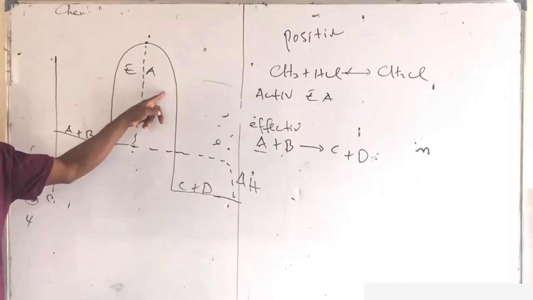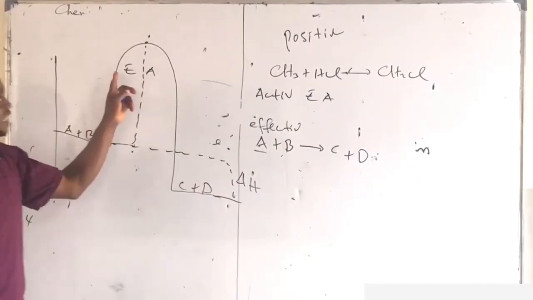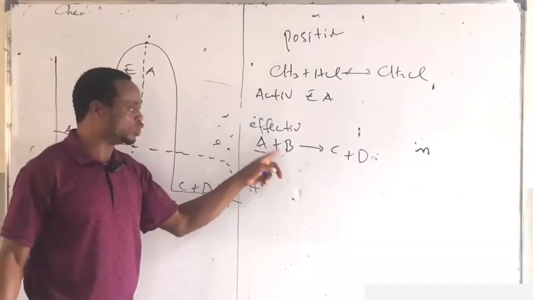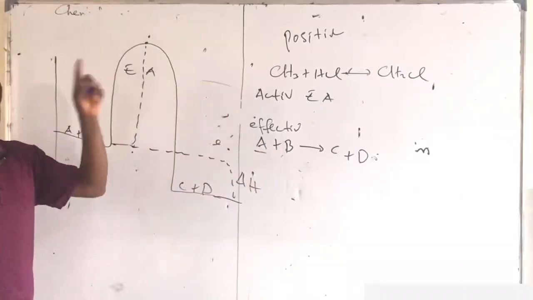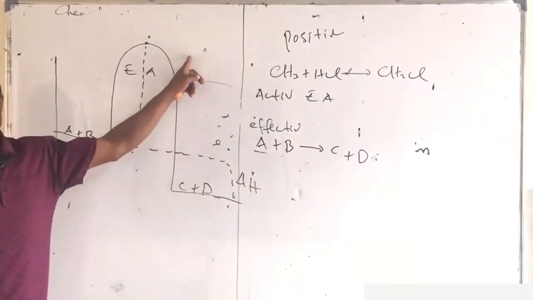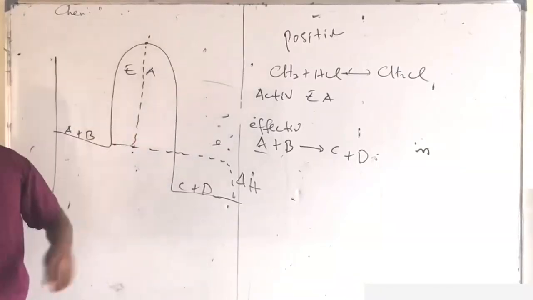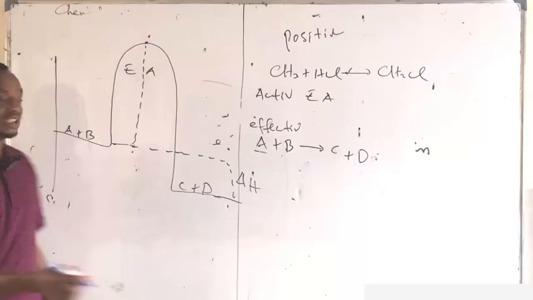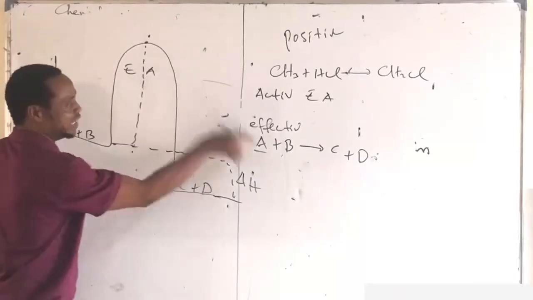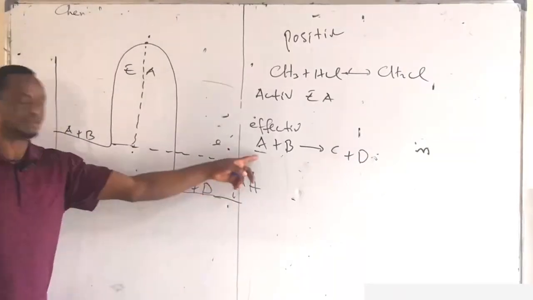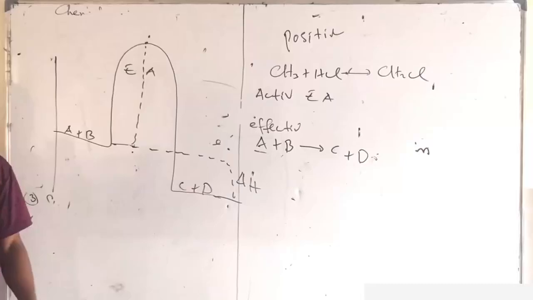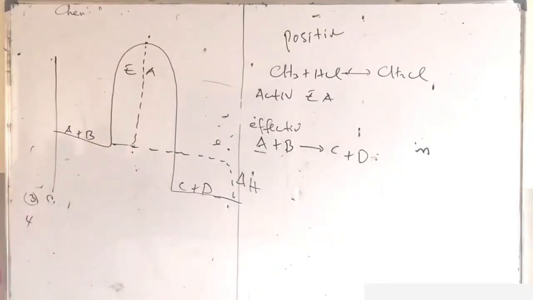Activation energy, that's EA. Otherwise, if it's less than this energy, there will be no collision. So sometimes you may have so many reactions taking place, which may not give you any product. This is because this EA is more than the energy of the reacting particles. Understood? So that's what we have here.